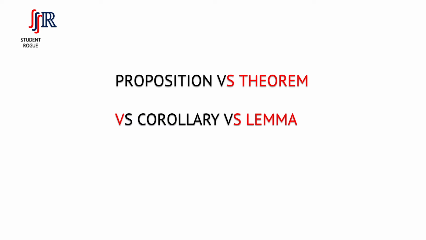On to corollaries. Corollaries are oftentimes propositions, in fact, that immediately follow from a given theorem or proposition, right? So corollaries oftentimes do not require proofs. They're oftentimes statements of an already verified theorem or an already verified proposition holding in a specific context.